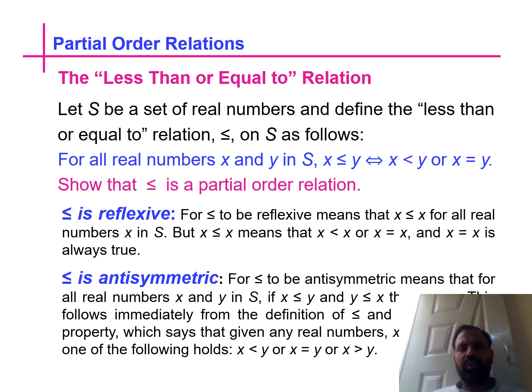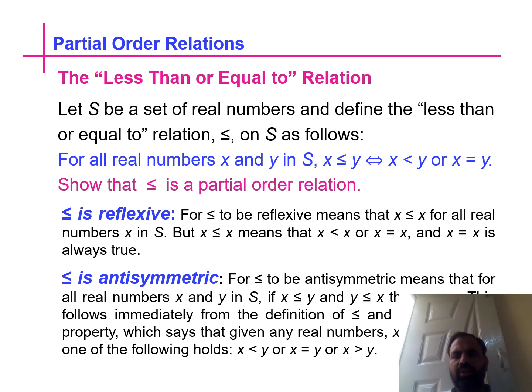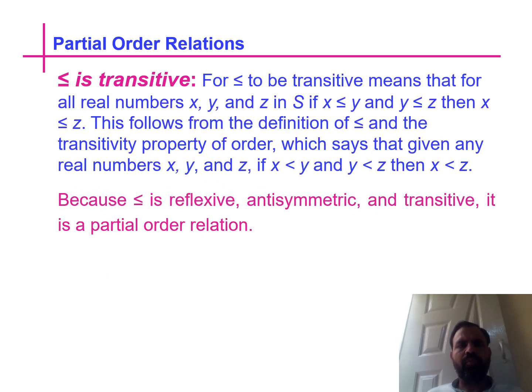It is antisymmetric. For less than or equal to to be antisymmetric means that for all real numbers x and y in S, if x is less than or equal to y and y is less than or equal to x, then x equals y. This follows immediately from the definition of less than or equal to, so it is proved easily. It is also transitive.